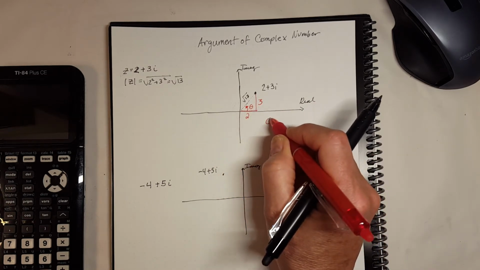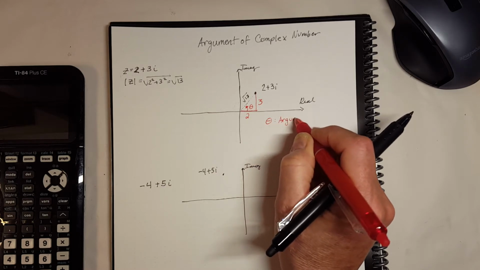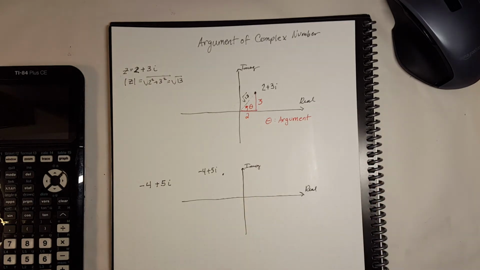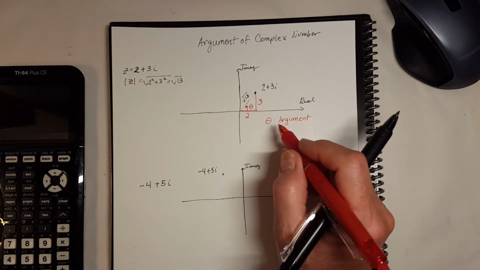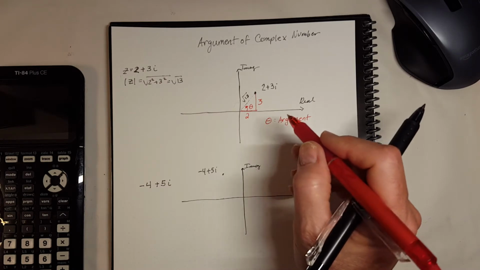In the complex number system, that angle is called the argument, because since we're not in real space with an x and a y axis, it's not truly an angle you can measure. So we call this theta the argument.